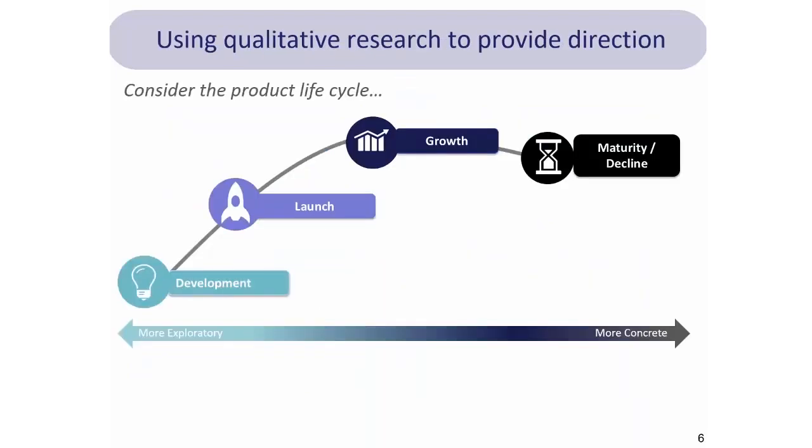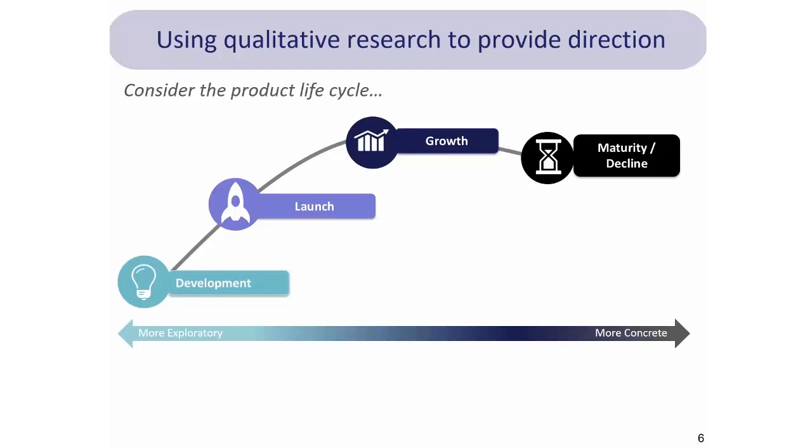So what I'd like to do now is take you through this, which happens to be a product life cycle. Similar things can be applied to a messaging life cycle, or a website design life cycle, that kind of thing. So let's just consider this product life cycle, which many of you are maybe familiar with. We have 4 basic buckets. We've got development, the launch, the growth, and then the maturity and the decline of the product.